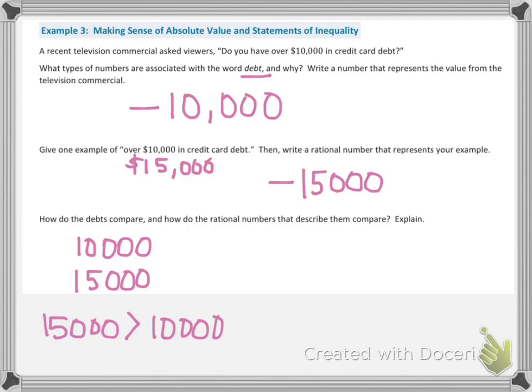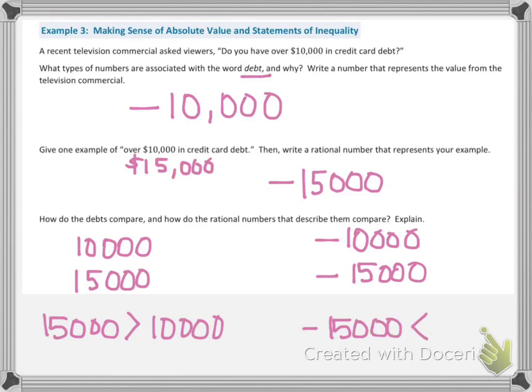And then if I use the rational numbers that I used, debt meant negative, so I had a negative 10,000. And $15,000 in debt was a negative 15,000. Then I would say that negative 15,000 is less than negative 10,000.